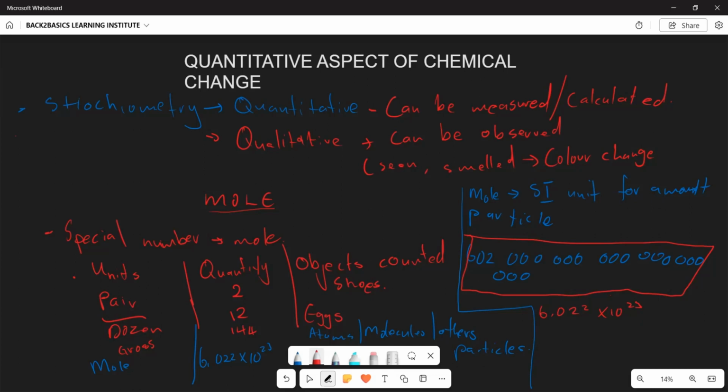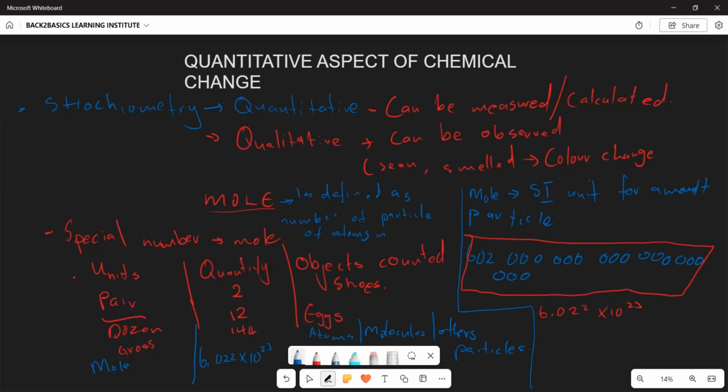Now let's come to the formal definition of a mole. Let's write it here. Hopefully you can see. So a mole is defined as the number of particles, of atoms, in 12 grams of carbon 12.